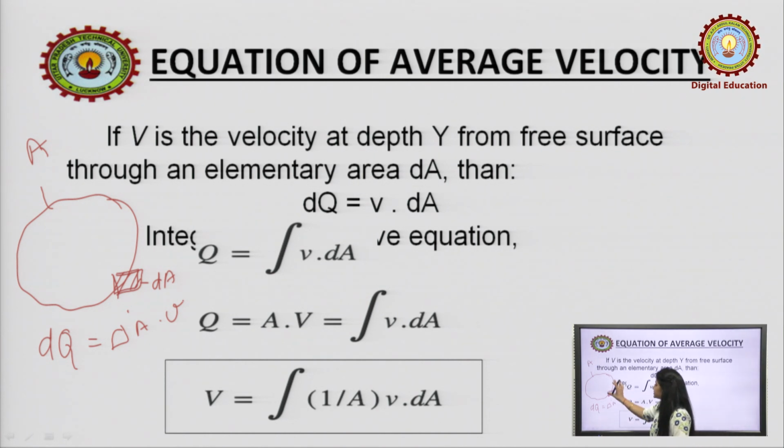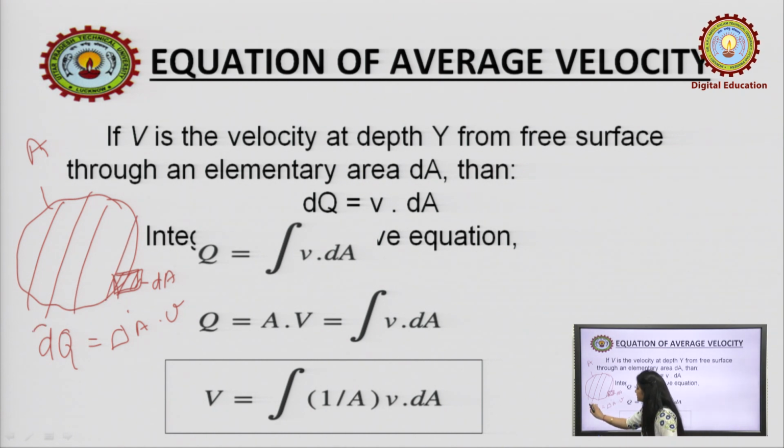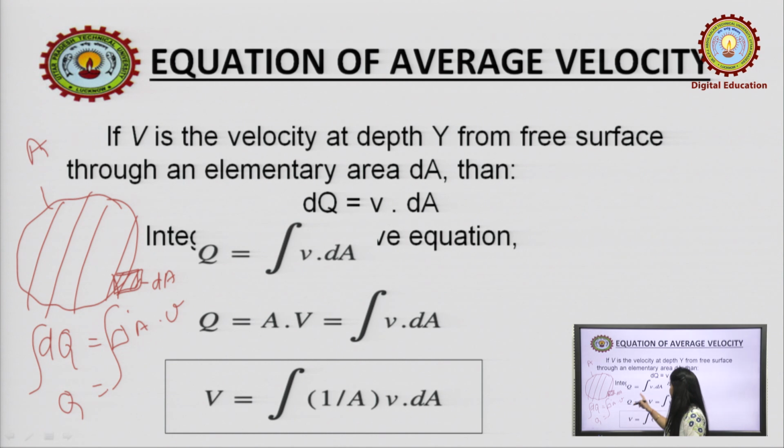What if we are supposed to find the rate of flow through the whole surface? We can integrate it. Integrating dQ, we get capital Q, which is equivalent to the integration of v dA.